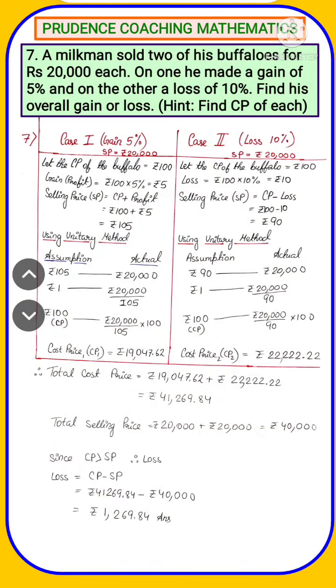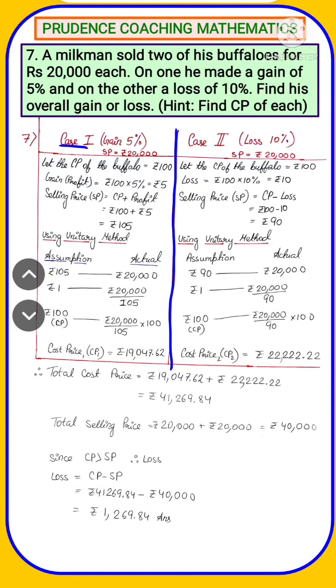As we have two cases here, it will be better if we make a separation like this, and on the left hand side there is case 1 and on the right hand side we have case 2. On the left hand side, as you can see, we have made the column for gain 5% and on the right hand side we have lost 10%. But in both the cases the selling price is the same, that is 20,000 each.